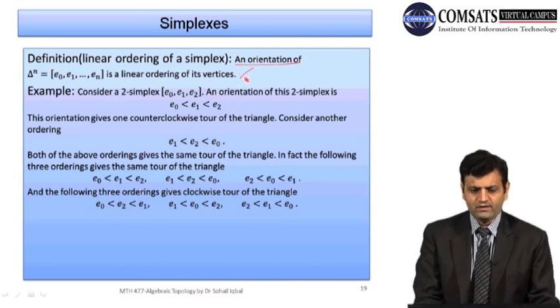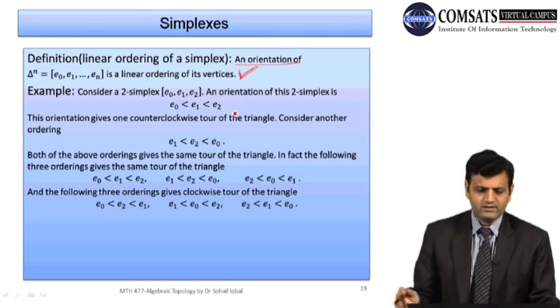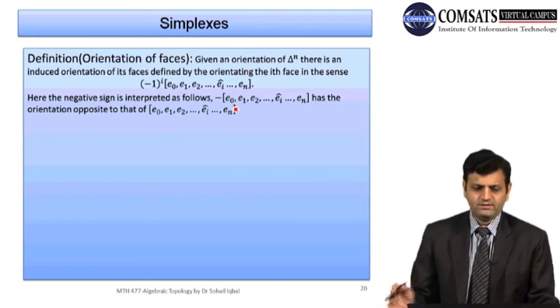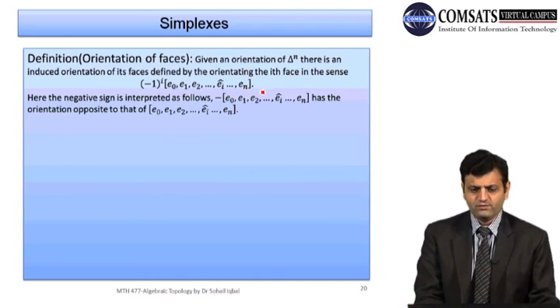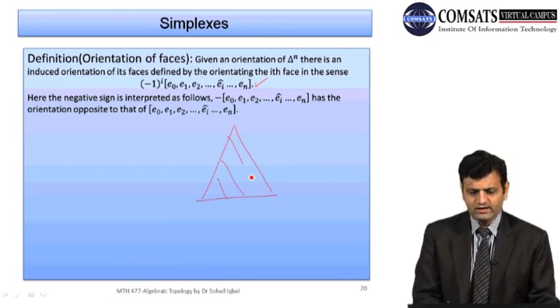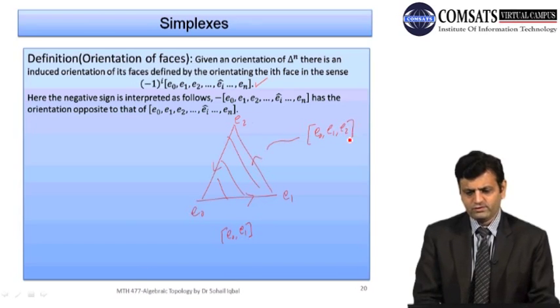If we have an oriented simplex, then how do we define the boundary? We can define the boundary of an oriented simplex through its faces. So how do we define the faces? For example, if this is a two simplex with this orientation, E0, E1, E2, the two simplex is denoted by E0, E1, E2, and this is the ordering.